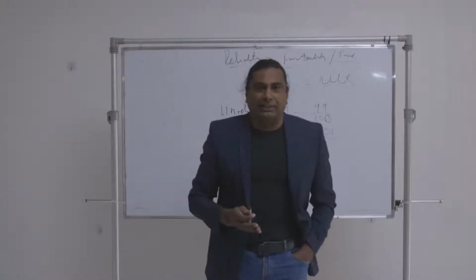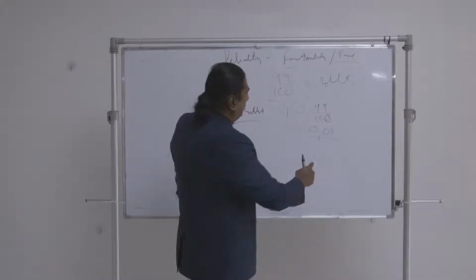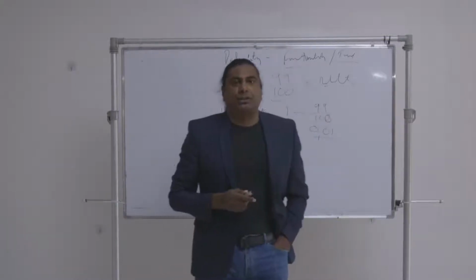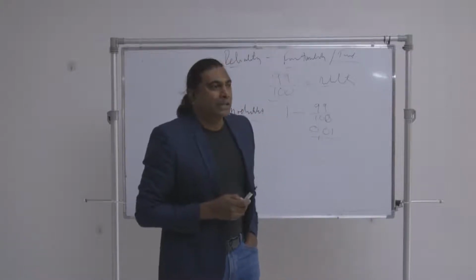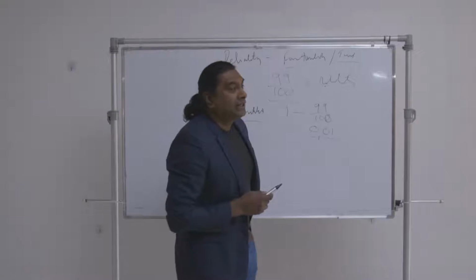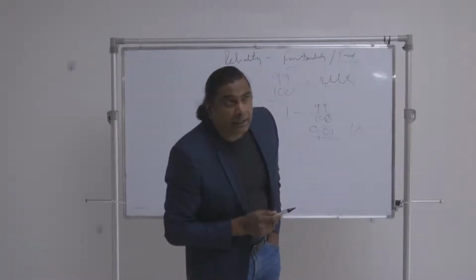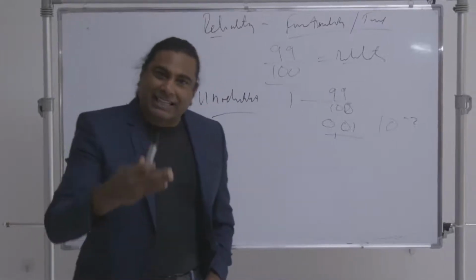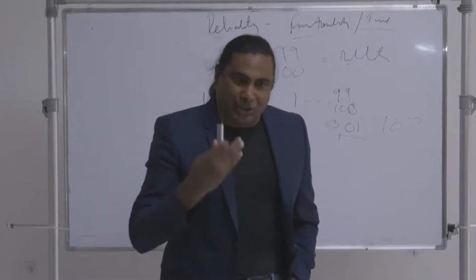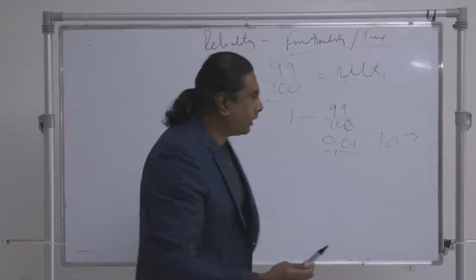Your unreliability. How do we, from a management point of view, represent this? 10 to the power? 10 to the negative power 2. Okay, 10 to the minus 2. Good. I want you to get used to this because this is how we present and talk about it.